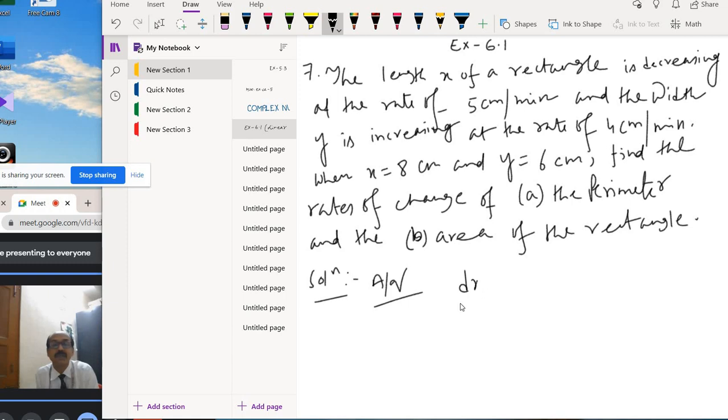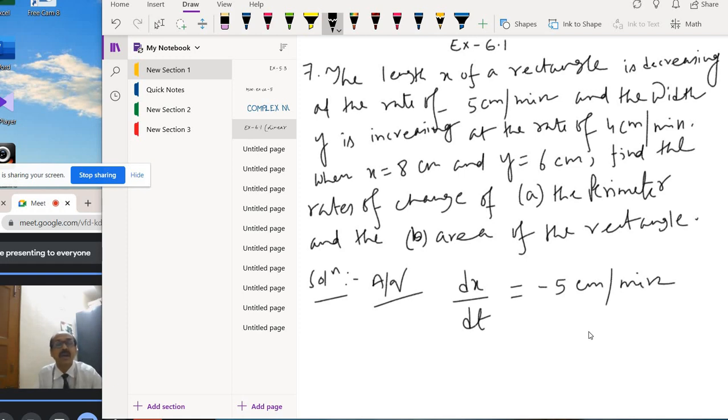So dx by dt equals minus 5 cm per minute, because of decreasing.